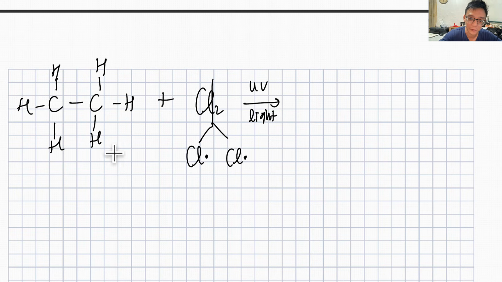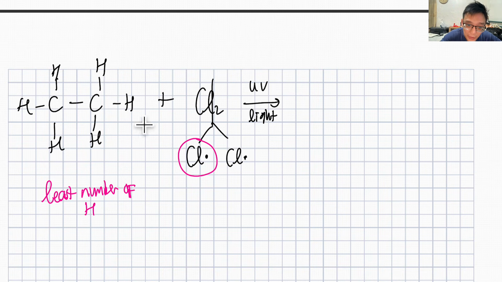So what it can do, because now the Cl has been broken by the UV light, is snatch one hydrogen atom. In this case, it will snatch from the poorest carbon, the carbon that has the least number of hydrogens. In this case, the left carbon and the right carbon are the same.